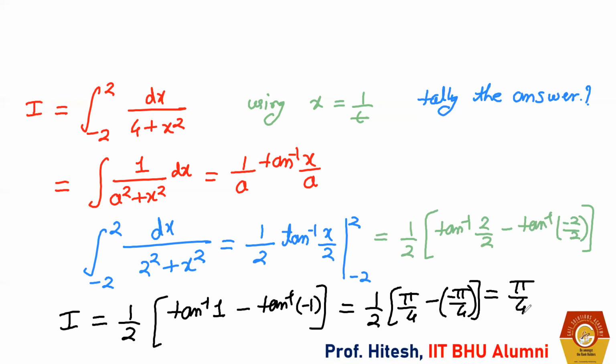So directly solving we are getting pi upon 4. Now we will repeat it by putting x equal to 1 upon t, and a very interesting result we will get. You will learn one important thing. Let me clear this.